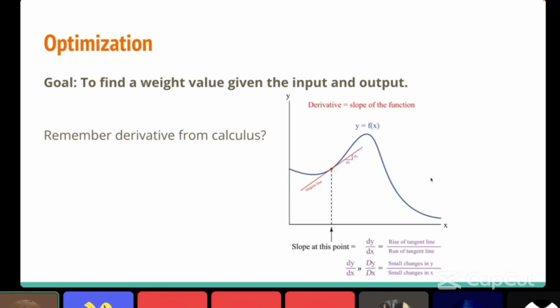So now the question is, how does this optimization work? You guys have probably taken your calculus class, right? And in your calculus class we have derivatives, or differentiation, as we call it, whereby differentiation gives you the slope of the function.